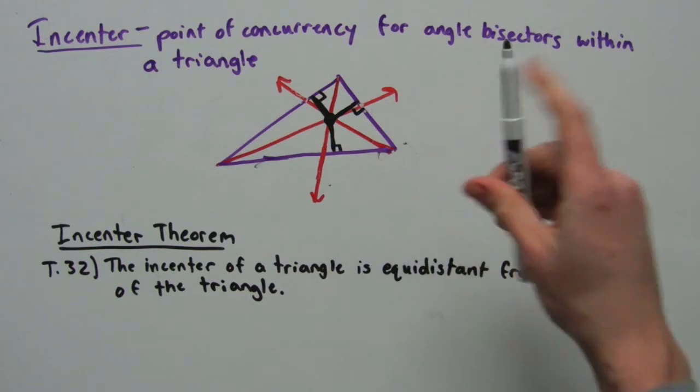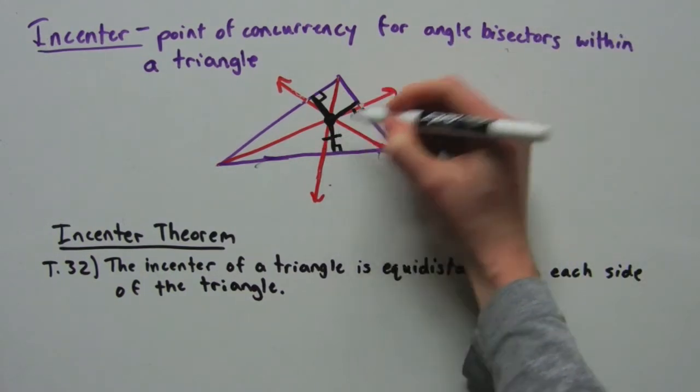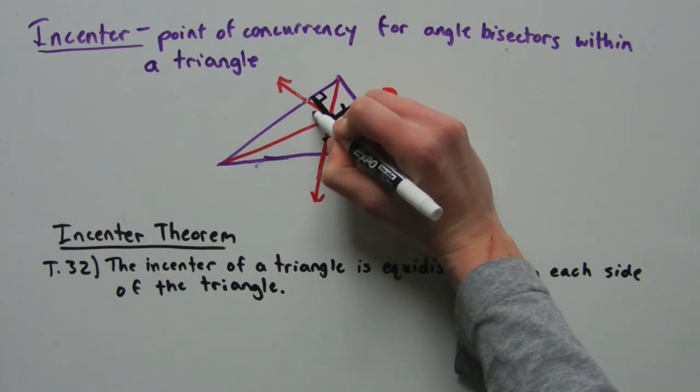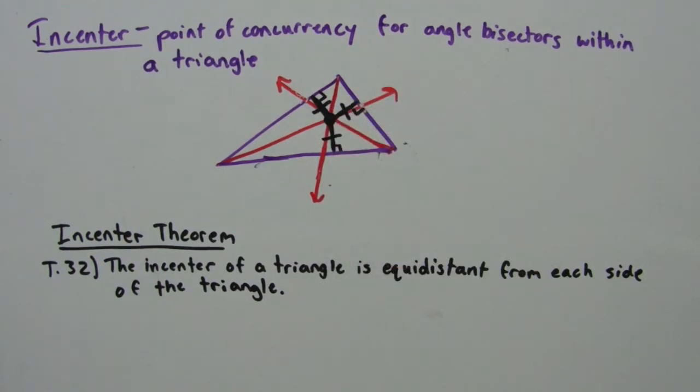So that means that this line is congruent to this line, which is congruent to this line. The incenter is equidistant from each side of the triangle. And to prove this theorem, remember, for the circumcenter theorem, you used the perpendicular bisector theorem. For the incenter theorem, you would use the angle bisector theorem.